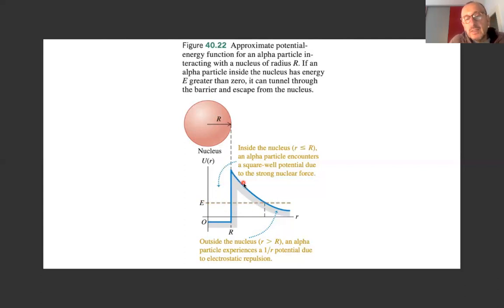This line here is the repulsion produced by the two positive charges that the alpha particle has with respect to the nucleus. You will have a repulsion because essentially everything here is positive or neutral.